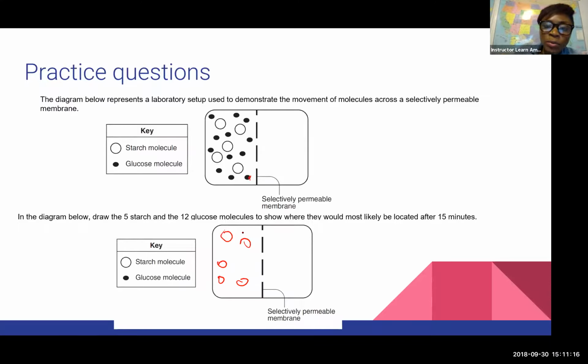So we're going to see that it will move, and we'll end up with 1, 2, 3, 4, 5, 6 on one side, 1, 2, 3, 4, 5, 6 on the other side. Because if you remember before, I said molecules are going to move until they reach equilibrium. So they're going to go from an area of high to an area of low concentration until equilibrium is met.